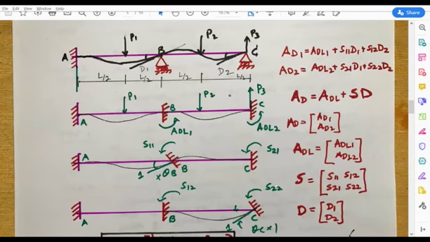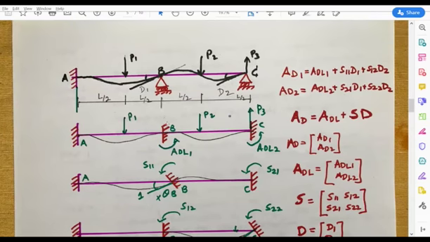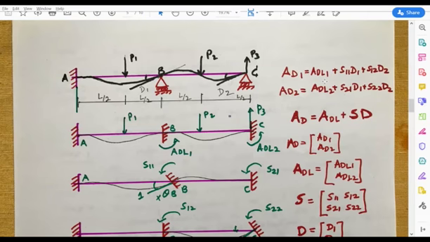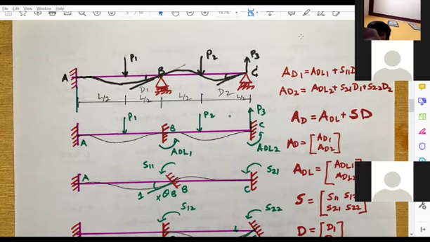Okay, please find this problem, which shows a 2-span beam. One end is fixed, the other end is roller B, and the third support is roller support C. So I want all of you to understand, for this problem, how many kinematic degrees of indeterminacy are there? 2.